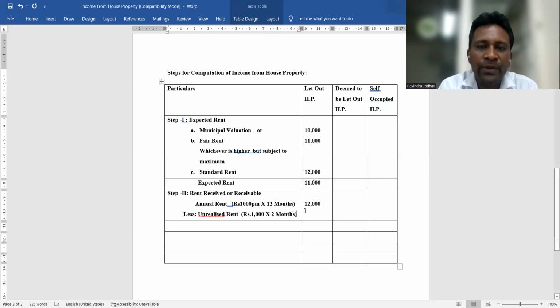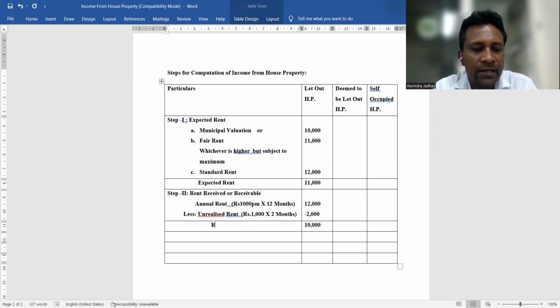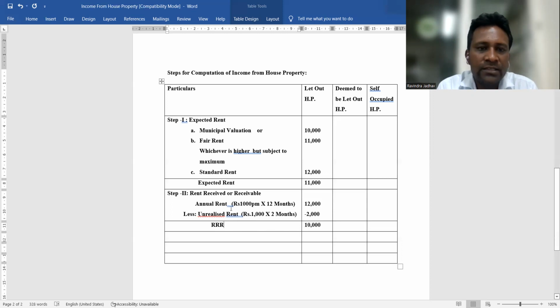Okay, so rupees 2,000 for 2 months. We just take 12,000 minus rupees 2,000, that is rupees 10,000. 10,000 is the rent received or receivable. Okay, rent received or receivable is the step number 2nd.